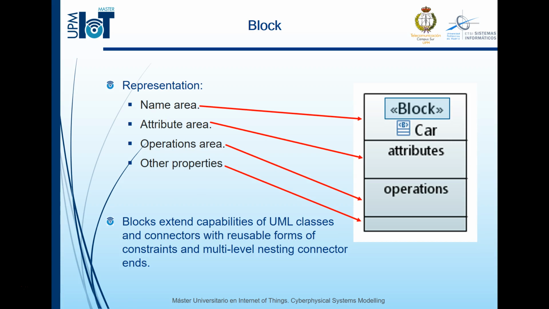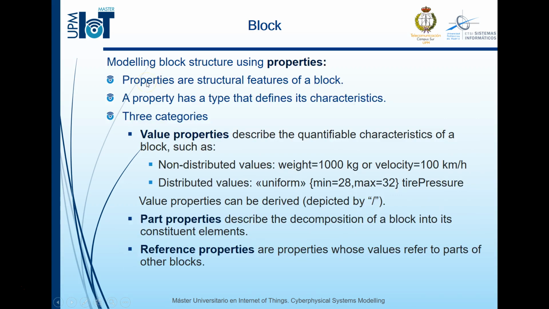We have several compartments, and in Papyrus we can modify which compartments we would like to show, to display on our screen. But by default, attributes and operations are displayed, but also we can modify the compartments visually.